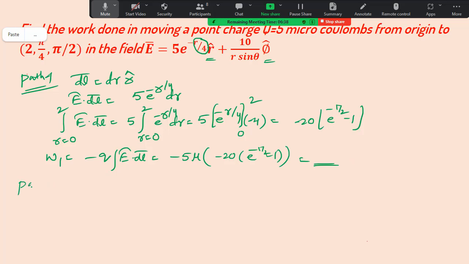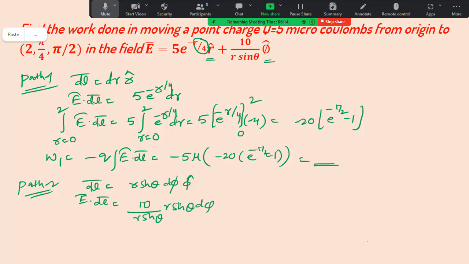In path 2, what we have taken is only phi changing, so dl bar is r sin theta d phi phi cap. Then E bar dot dl bar: E bar has a phi component, that is 10 by r sin theta, into r sin theta d phi. r sin theta will be cancelled, so we get 10 d phi.